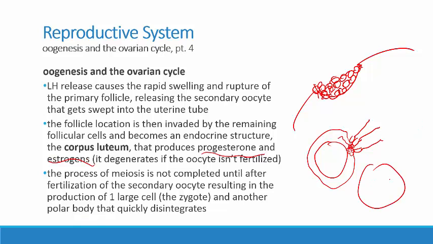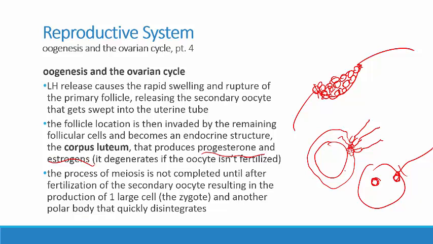Eventually, one of those sperm penetrates, leaves its tail behind, that falls off, and now here's the nucleus of the secondary oocyte. Here's the nucleus coming from the sperm.